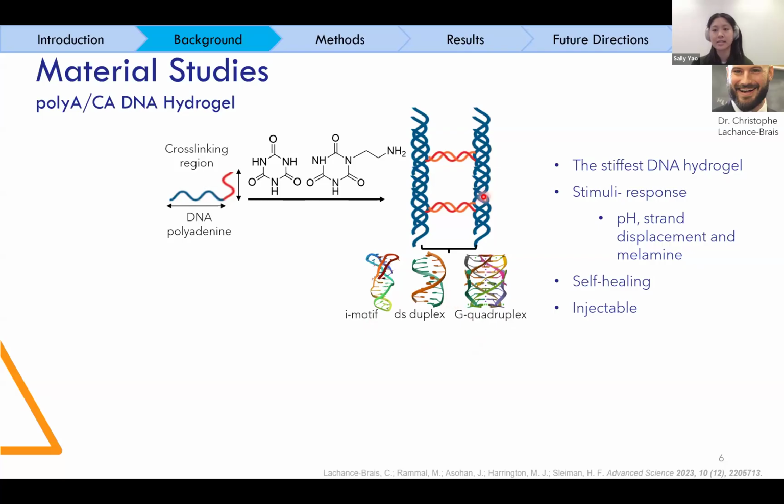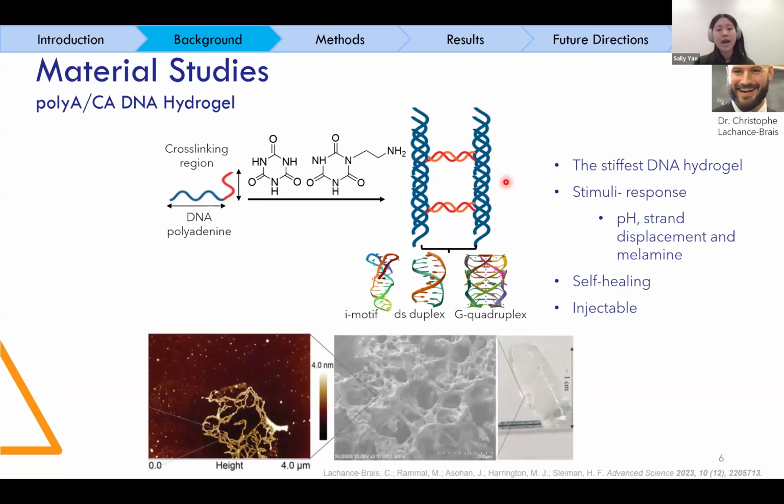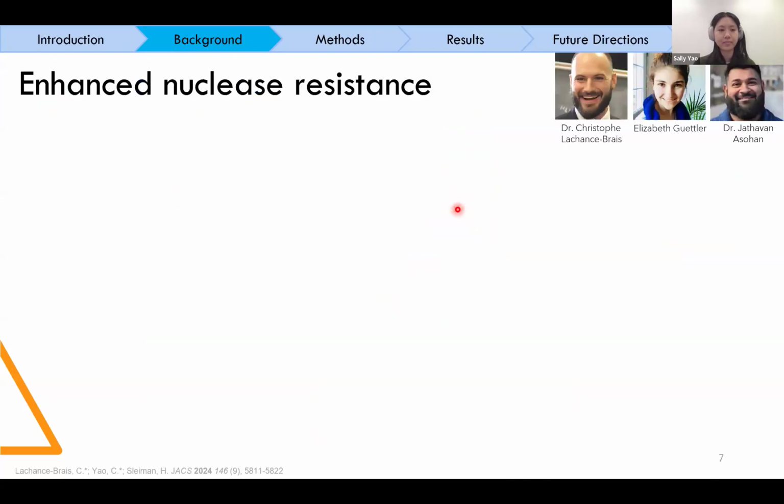With the presence of cyanuric acid, he was able to form the stiffest DNA hydrogels on record. What is really interesting about this material is that it has stimuli responsiveness to pH, to strand displacement, or to small molecule competitors, so you can assemble and disassemble the hydrogels as you want.